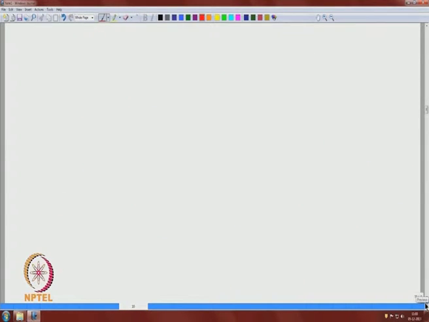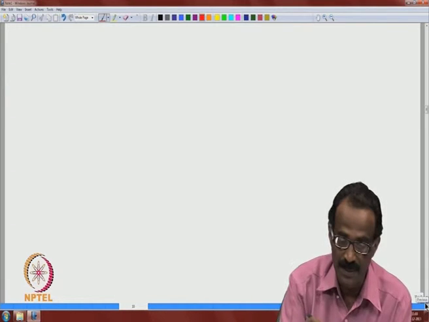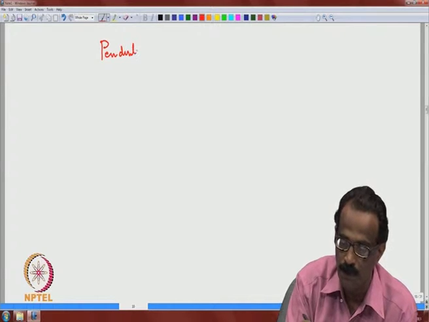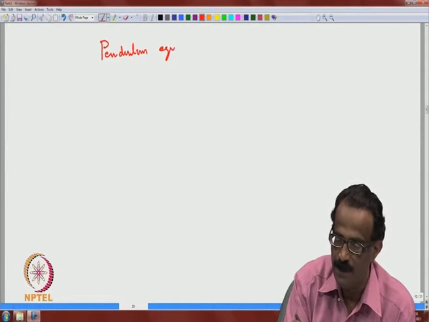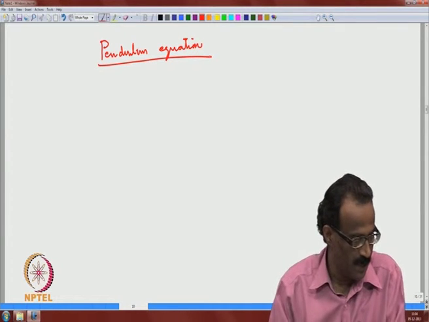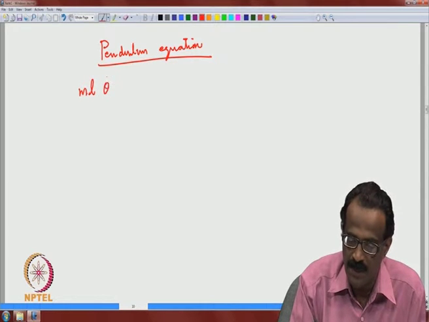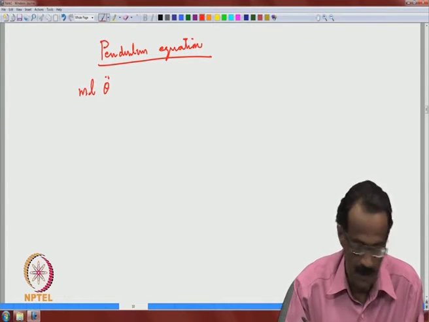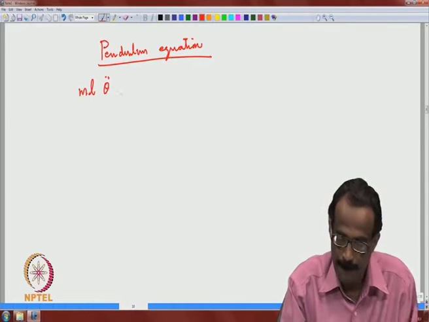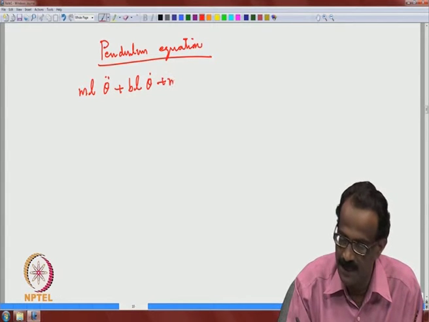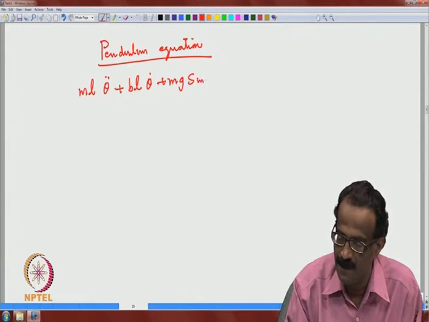The other equation, of course, which would have come here, is basically the pendulum equation. You may also see a pendulum equation, and this looks more complicated. Let me write it in a slightly general way, plus b L theta dot plus m g sin theta equals 0.